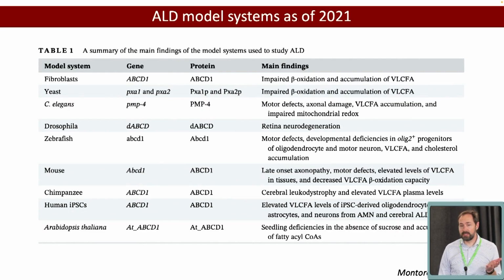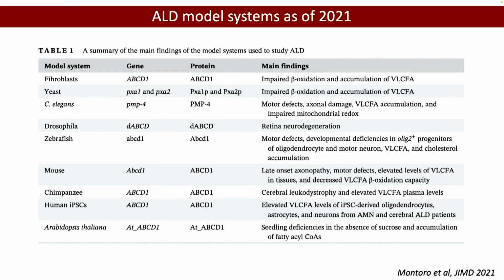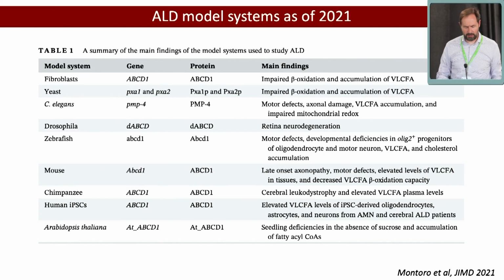There are other systems people use, and there are new systems, like tiny artificial brains that people are making, which are quite interesting. There are new genetic models. I know other labs are working on them, and hopefully we'll hear more about new models in the year or few ahead.